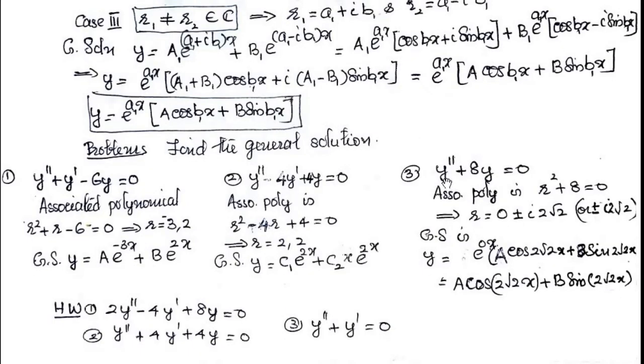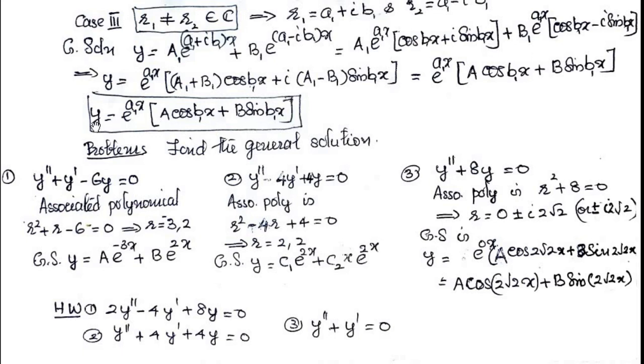The last problem, y double dash plus 8y equal to 0. The associated polynomial is r square plus 8 equal to 0, giving r equal to 0 plus or minus i 2 root 2. Now what is the general solution?